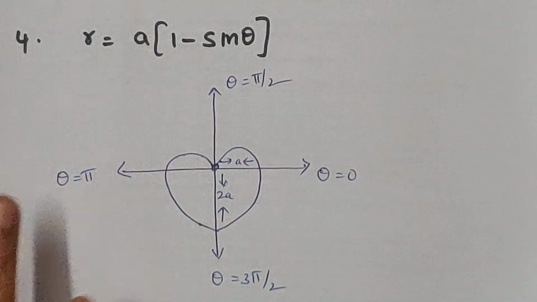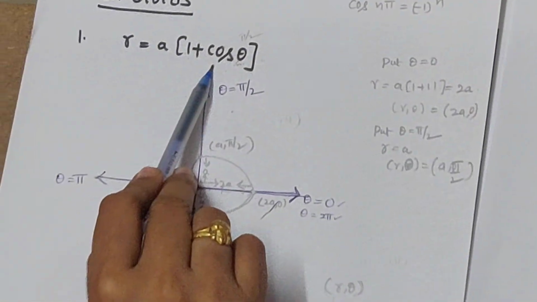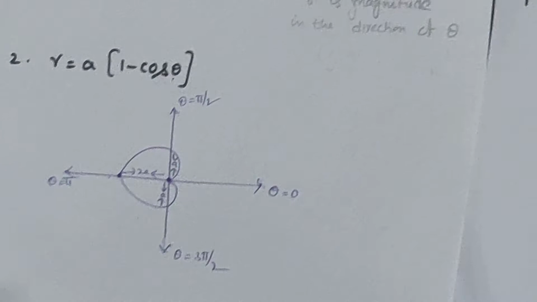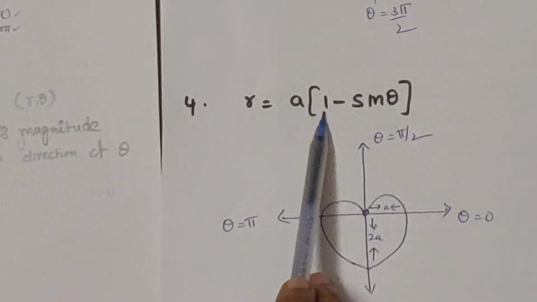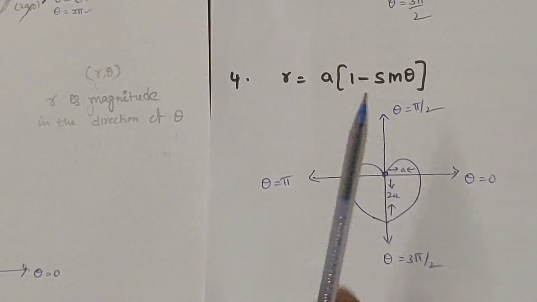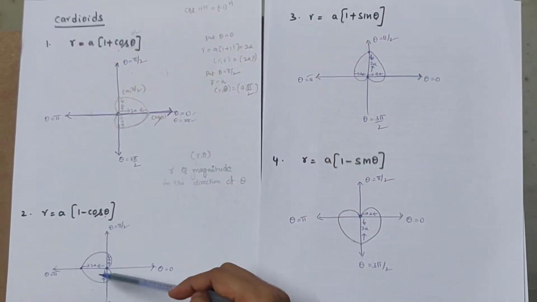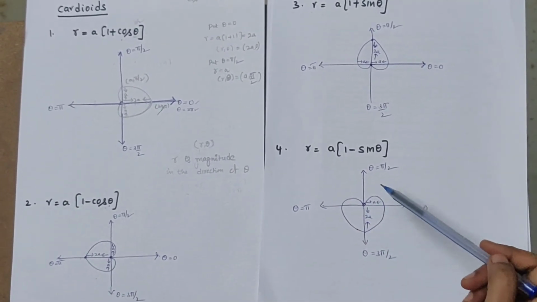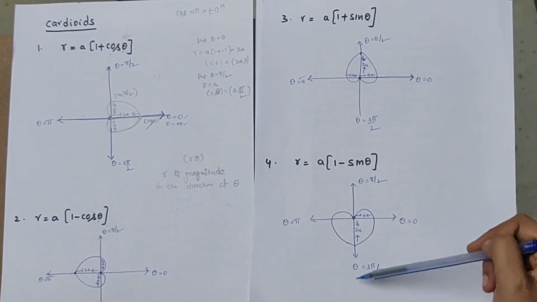So clearly there are 4 types of cardioids: r equal to a into (1 plus cos theta), r equal to a into (1 minus cos theta), r equal to a into (1 plus sin theta), r equal to a into (1 minus sin theta). These two cardioids are symmetric about the initial line, and these two cardioids are symmetric about the line theta equal to pi by 2. That means symmetric about the y-axis.